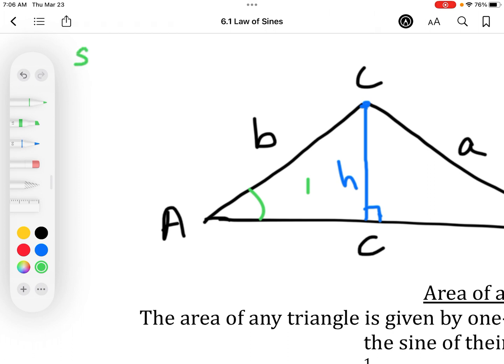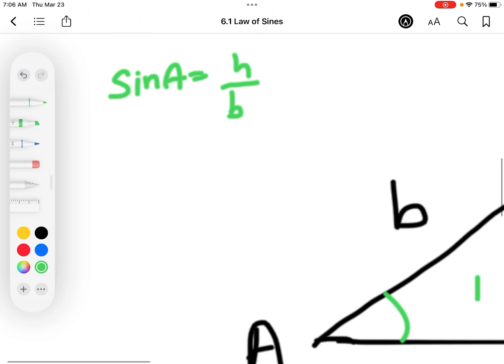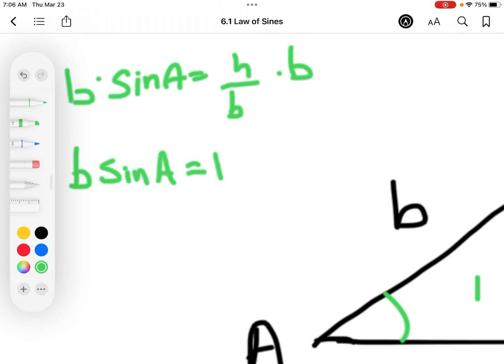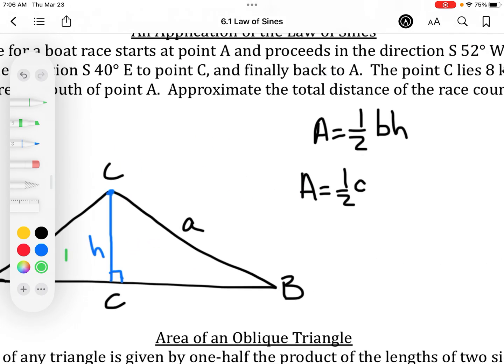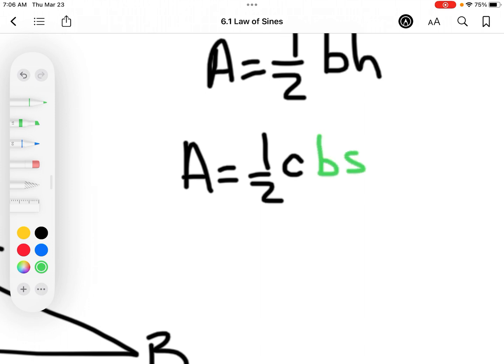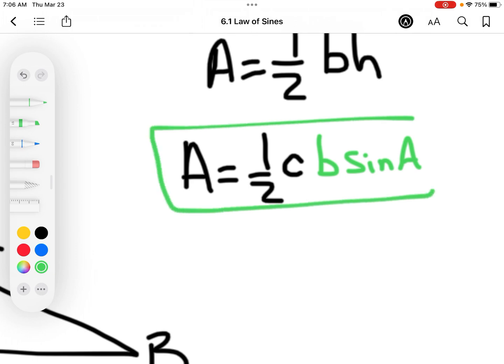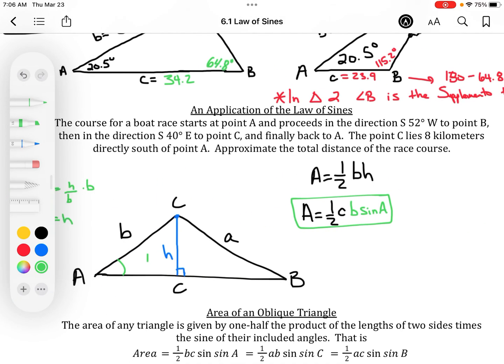If I consider this angle, the sine of A can be written as H, the opposite side length, over B. And if that's true, well, H then is really B times the sine of A. So if I plug that in for H, here is a formula for area that doesn't use the height. It just uses two side lengths and an angle.